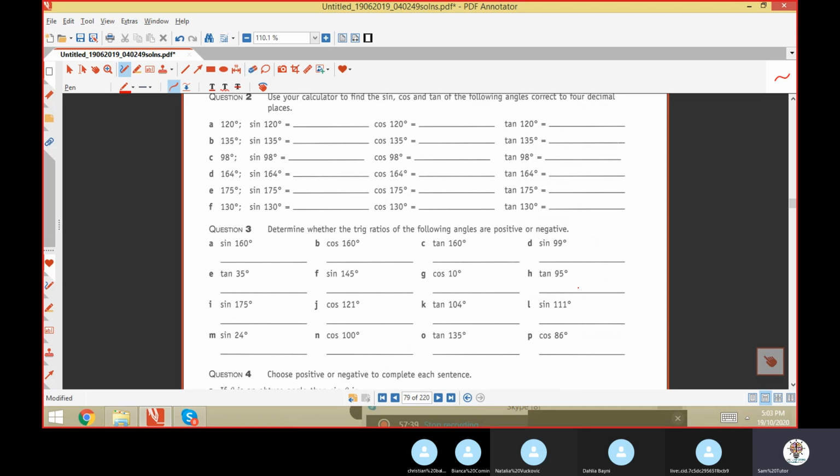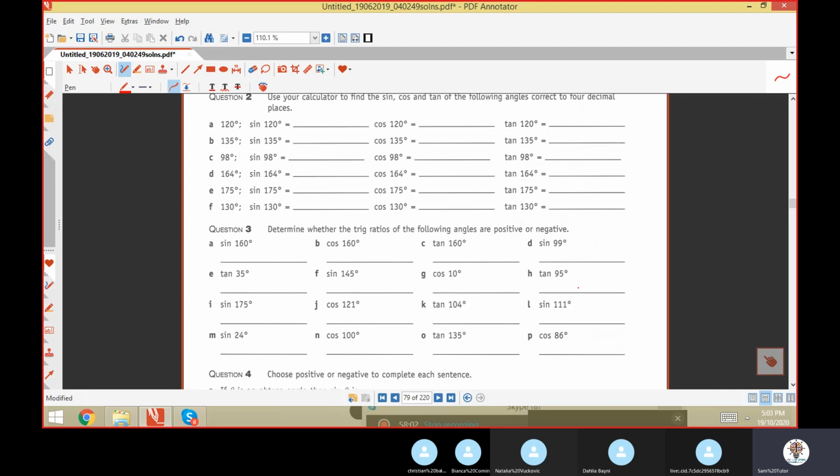You could just use a calculator to find out cos, but don't waste your time with this here. Just learn the six rows. Just look at the first letter. Say we're working with tangent, right?